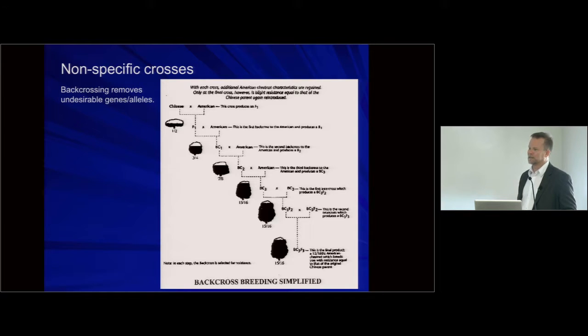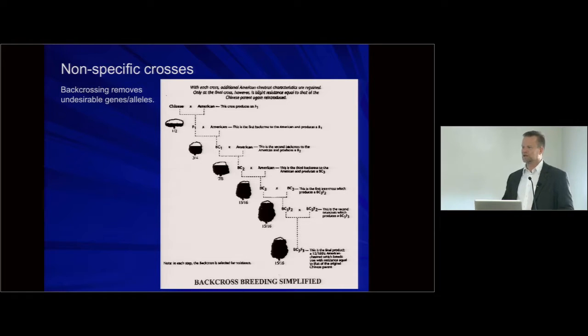But in the late 1800s, a disease was brought in and introduced, a fungal disease that destroyed all of the American chestnuts. Chinese chestnuts don't get that disease. So one thought would be you could cross an American chestnut with a Chinese chestnut and then get a resistant offspring, right? The problem is that offspring is half Chinese chestnut, half American chestnut.